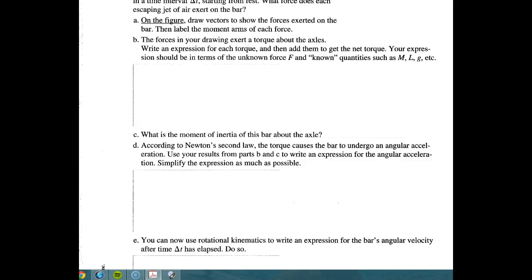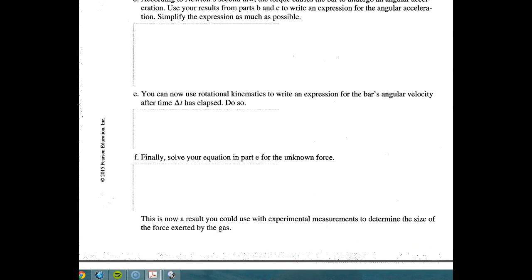And for letter E, it says you can now use rotational kinematics to write an expression for the bar's angular velocity. So at this point, we're going to say the angular velocity, remember our omega, is equal to, and so we now need to figure out the bar's angular velocity, the equation for that.